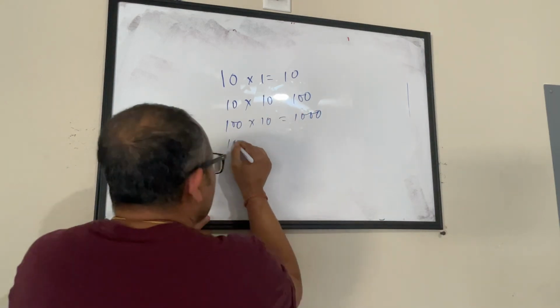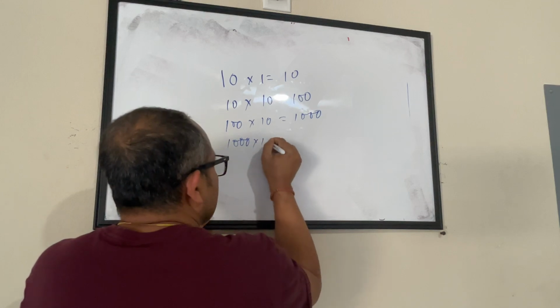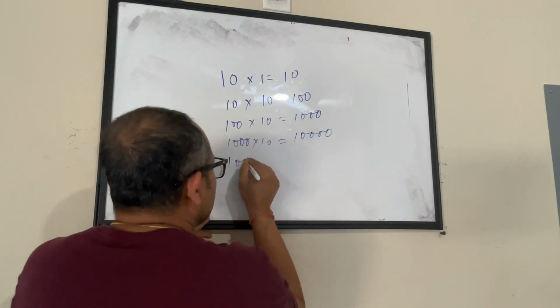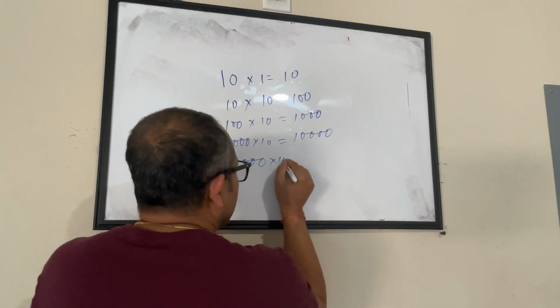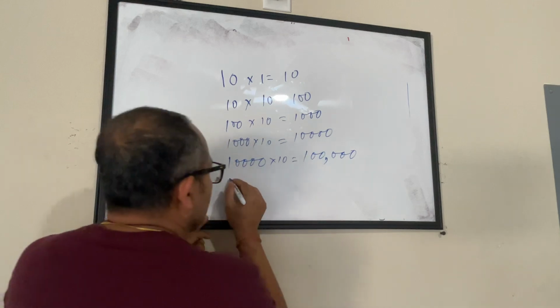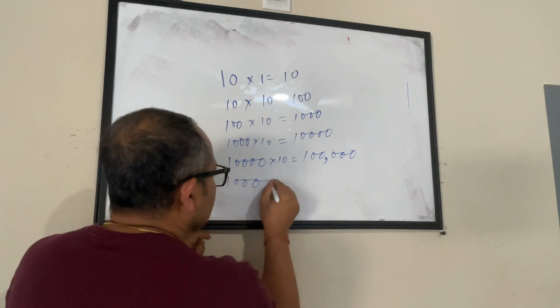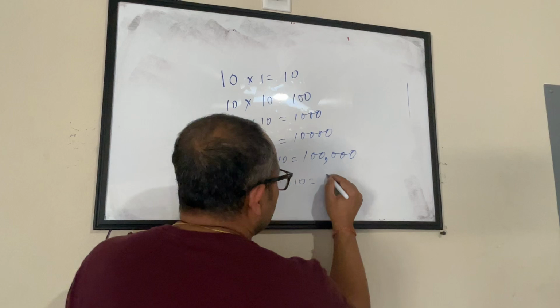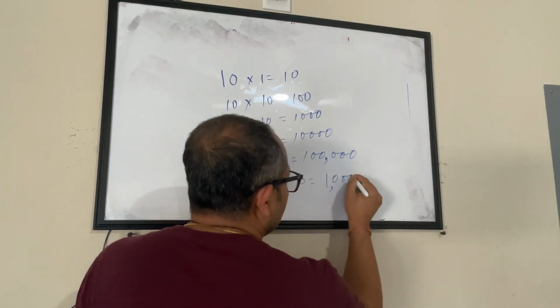You multiply 1000 with a 10, becomes 10,000. You multiply 10,000 with a 10, becomes 100,000. You multiply 100,000 with a 10, becomes 1 million.